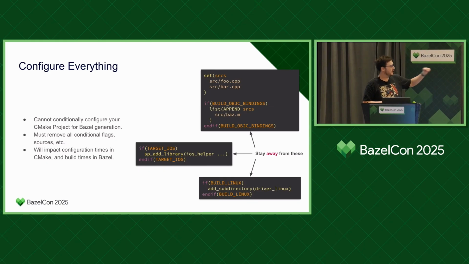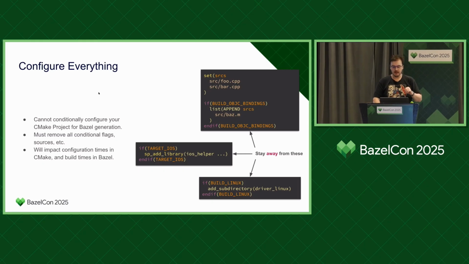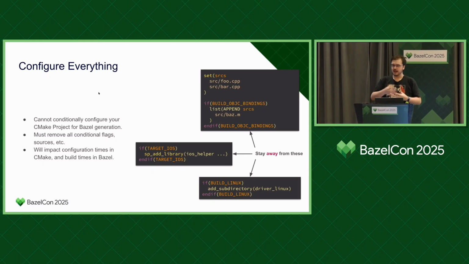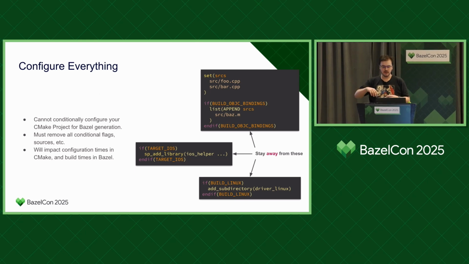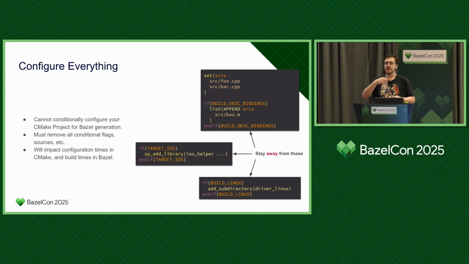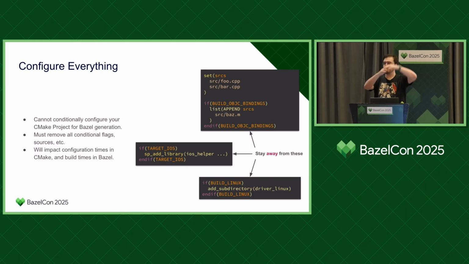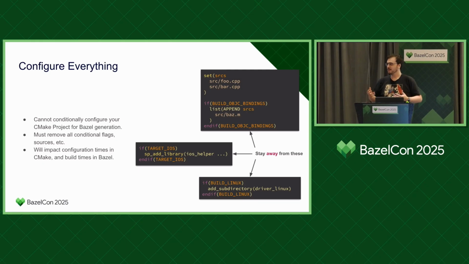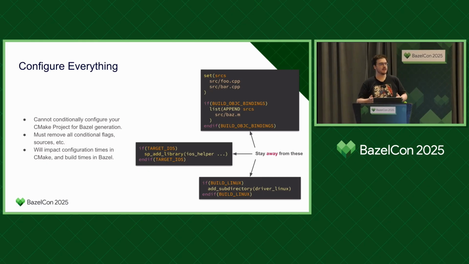And things like the top layer here about adding specific sources to our targets conditionally also had to be extracted and moved out so that we effectively always add those sources. For this example, we were using preprocessor macros to basically blank out the entirety of the CPP file. But this will obviously have a massive impact on your CMake configuration times, because you're now visiting everything.